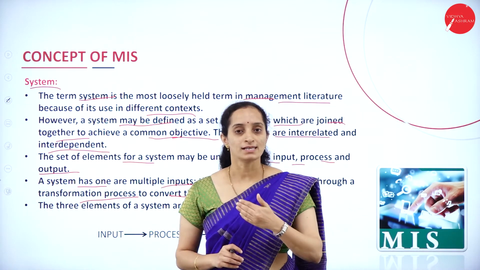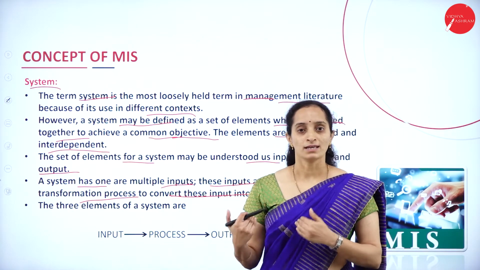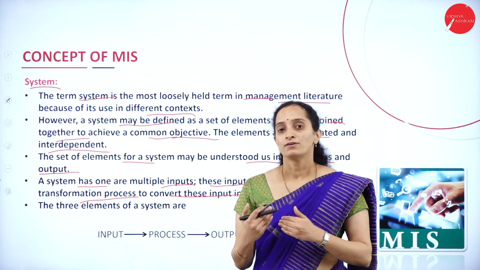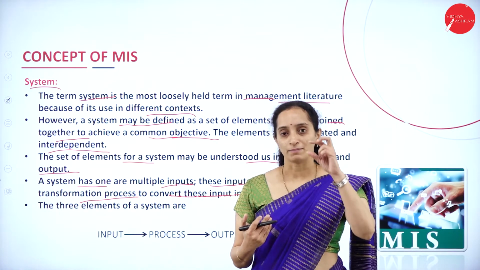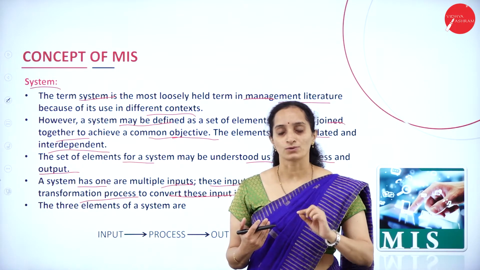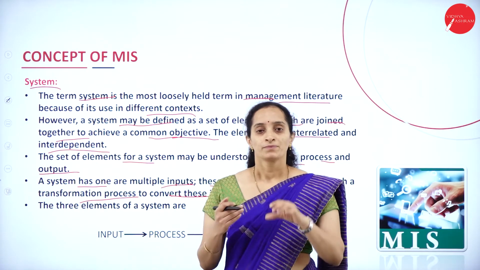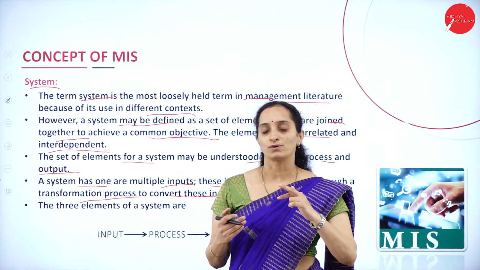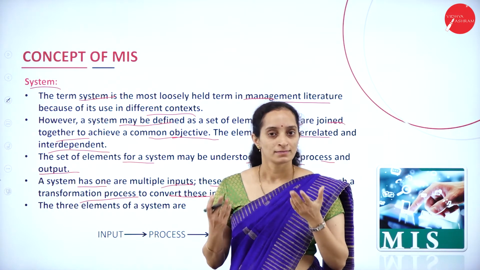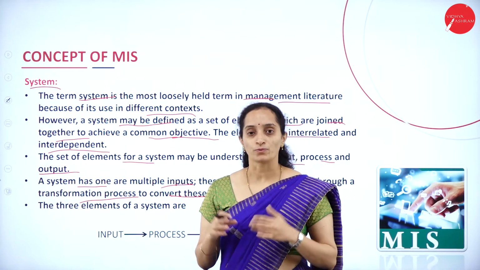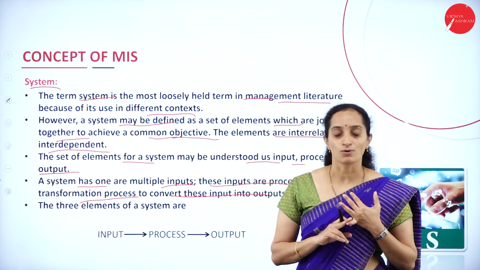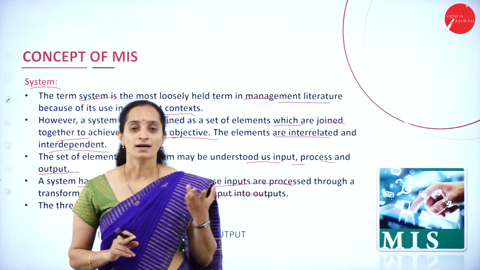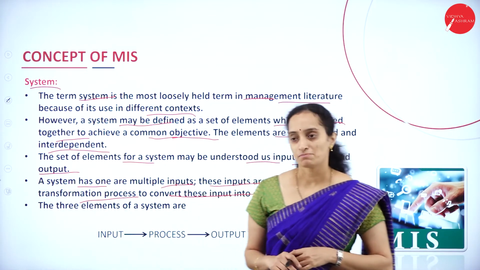The outputs are the balance of 45,000 and the command given to the ATM machine to count 5,000 rupees in 500 notes or 2,000 notes, based on the availability of the notes. How much do you need? 5,000: 2 notes of 2,000 and 2 notes of 500 will be given as an output. What is the output? The new balance of the account, that is 45,000 rupees, and another output is the money from the ATM machine, isn't it?